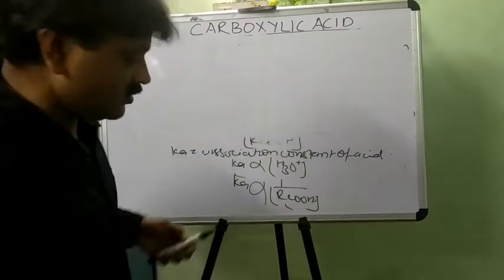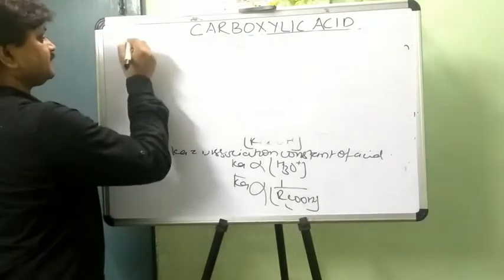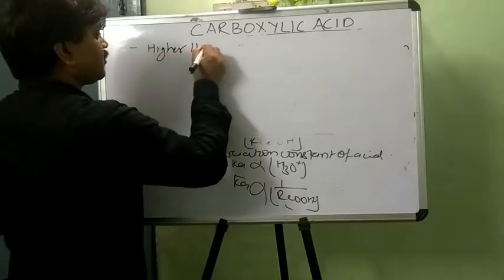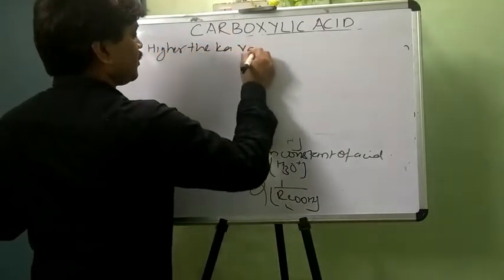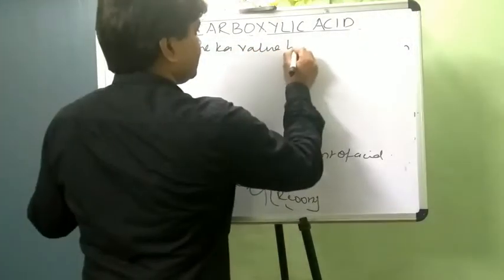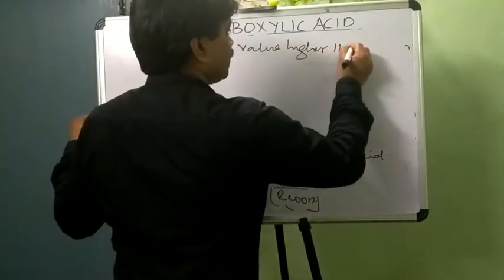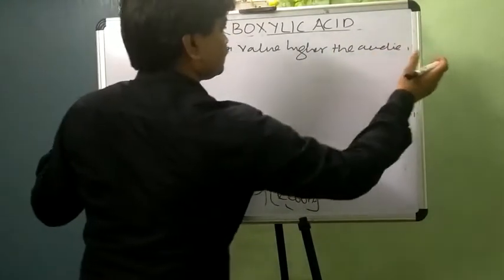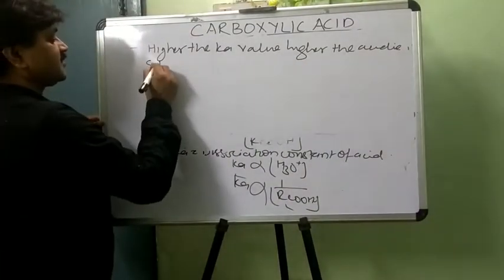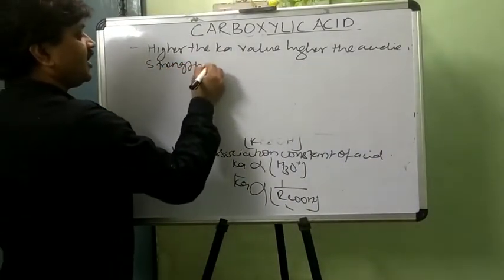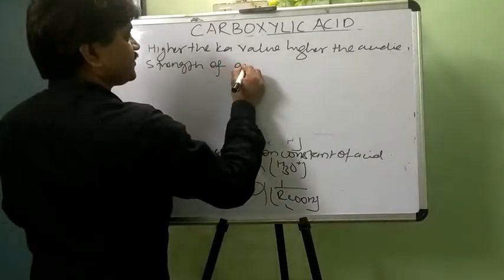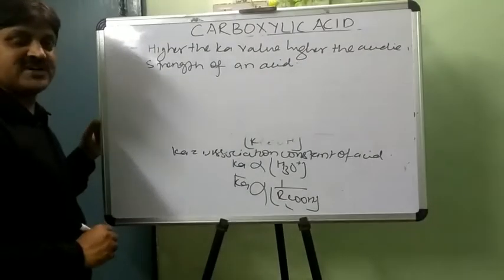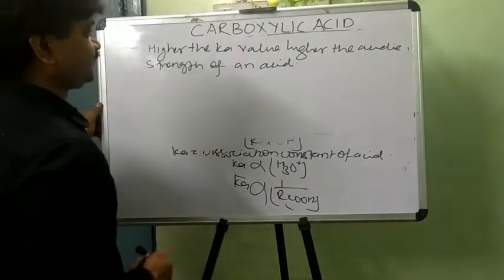Higher the Ka value, first conclusion, higher the Ka value, higher the acidic strength of an acid. Why? Because more extent of H plus ion formation takes place.